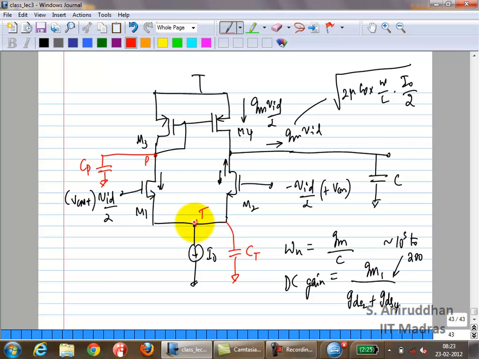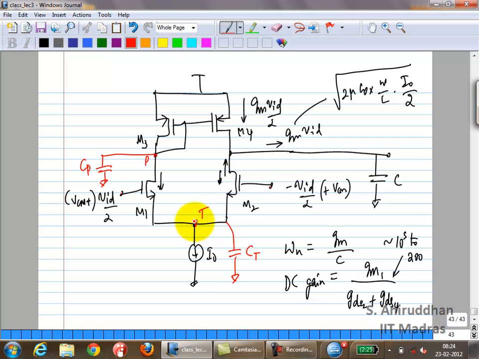Is this circuit actually differential? It is not, because the two sides are not symmetrical. But as long as you assume that the output impedances are large enough, and that there is no mismatch between the transistors, if you apply VID between these two, this node will be a virtual ground to a large extent.